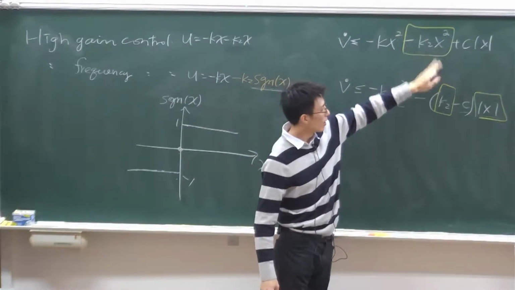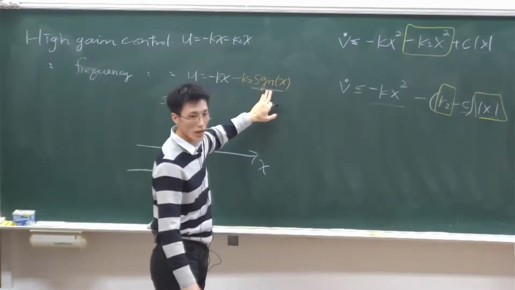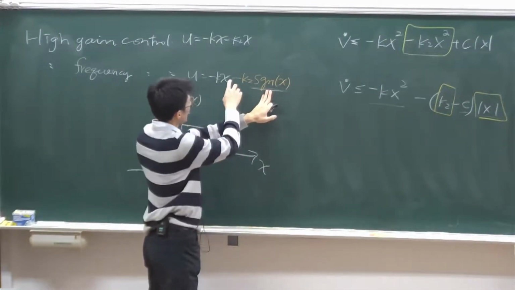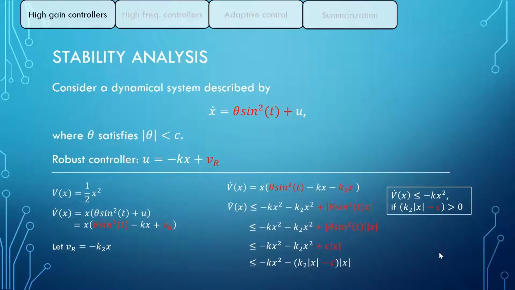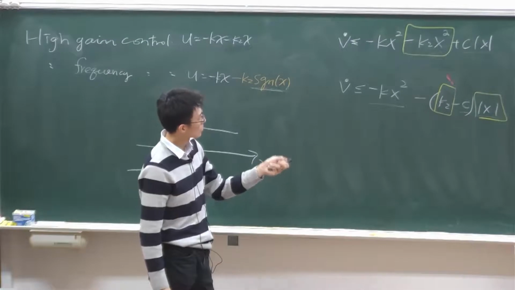Here we apply K2 sine X, and when it is times another X right before the bracket, this X times sine X creates K2 times the absolute value of X. So here it's K2X squared, but here it's K2 absolute value of X. That's the difference.